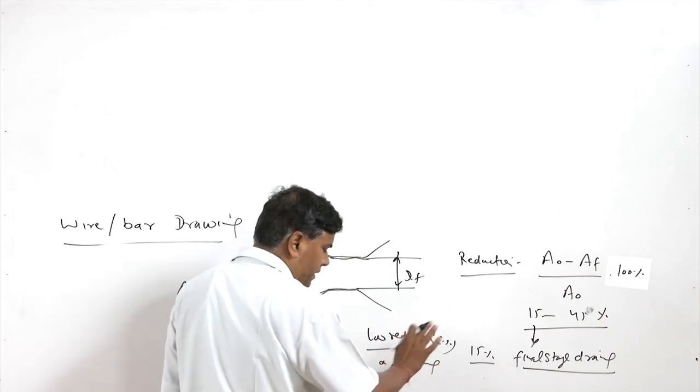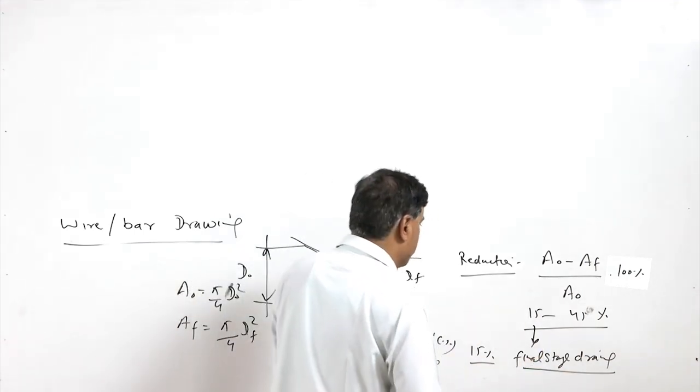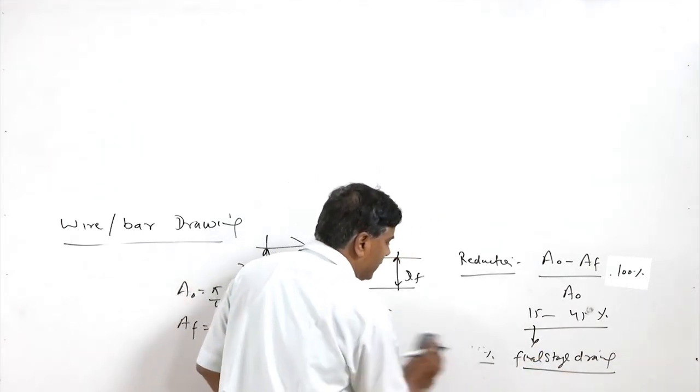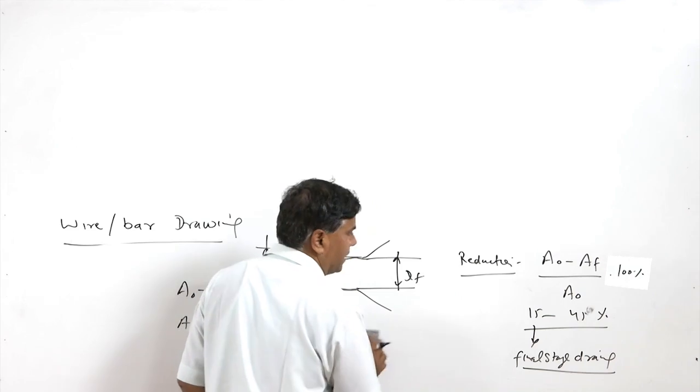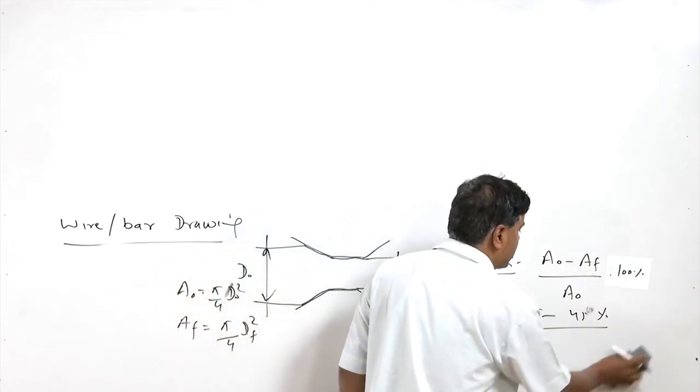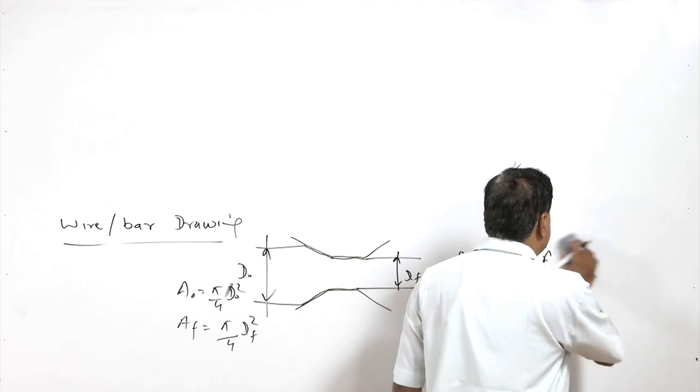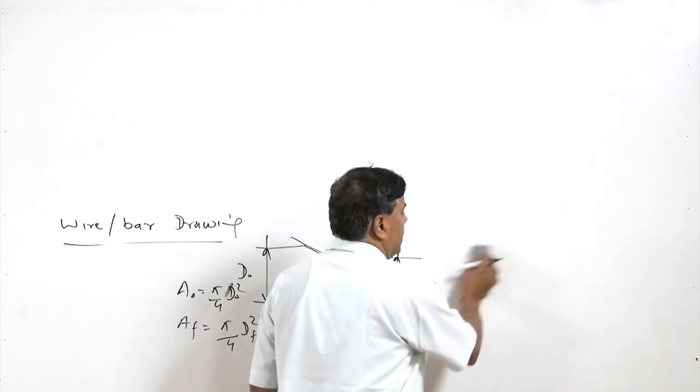So, it gives a better surface finish as well as closer control over the dimensions, while the high reduction percentages are used for the initial stage of the drawing, where a major change in the dimension is achieved.